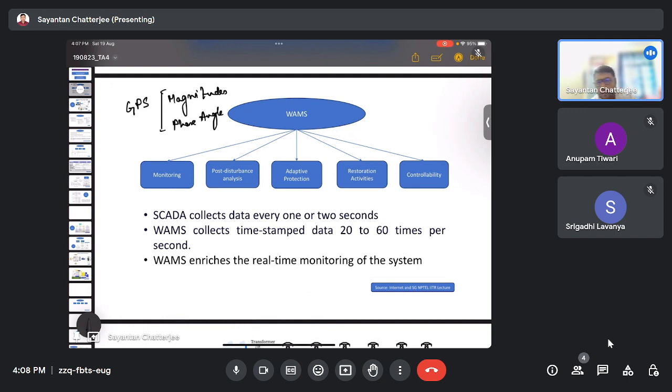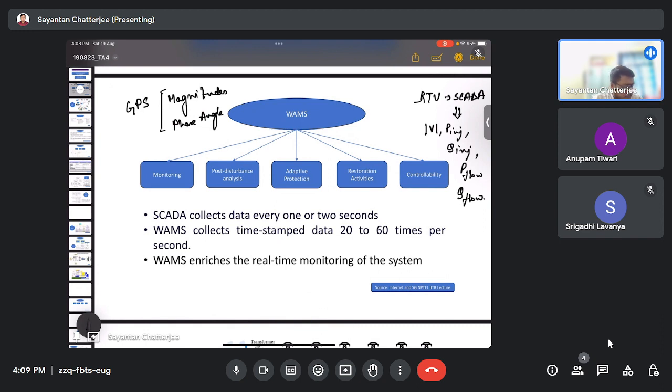What advantage do the magnitude and phase angle add to the normal operating condition? Before, we had the RTU based, or rather the SCADA based monitoring system, which is quite in use in the present scenario also. But the SCADA measurements are mainly restricted to the voltage magnitude measurements, real power injection measurements, reactive power injections, real power flows, and reactive power flows.